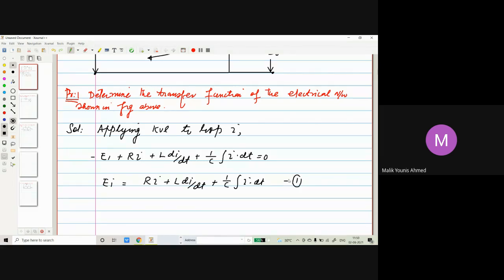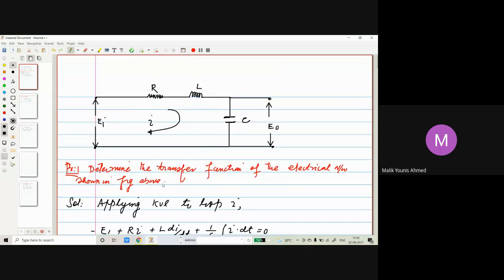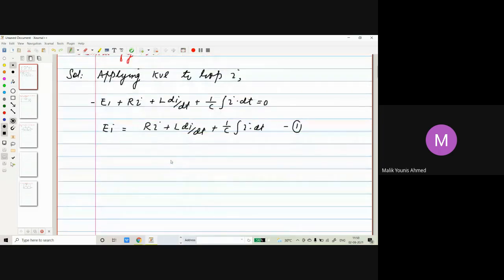Taking the Laplace transform of equations 1 and 2. Sorry, equation 2 is very simple. Voltage across the capacitor e naught is 1 by C integral of i dt. So e naught can be written as 1 by C integral of i dt. That you already know; these equations in network you have studied them.